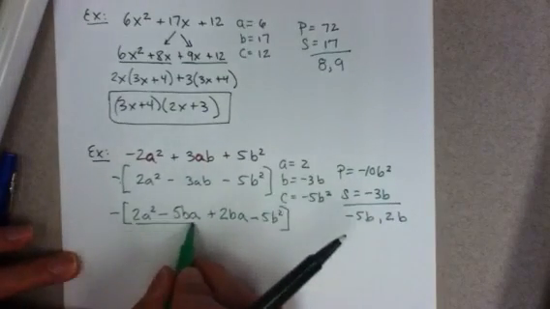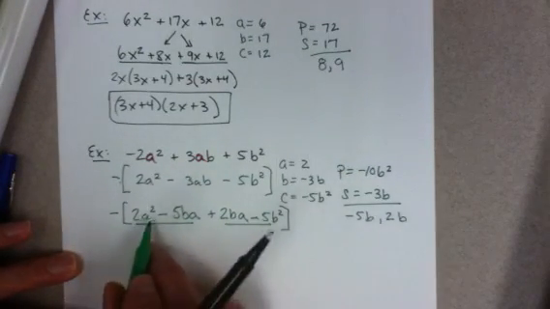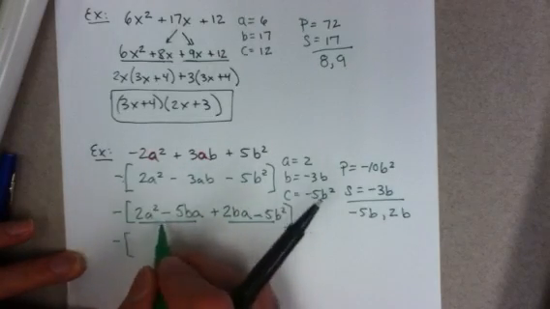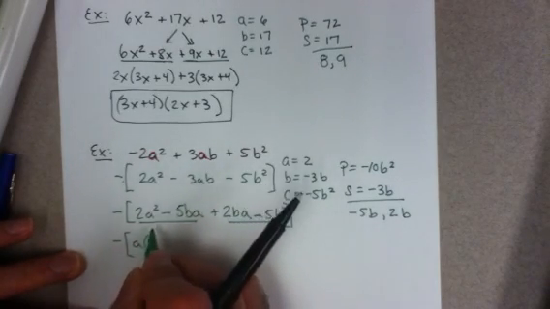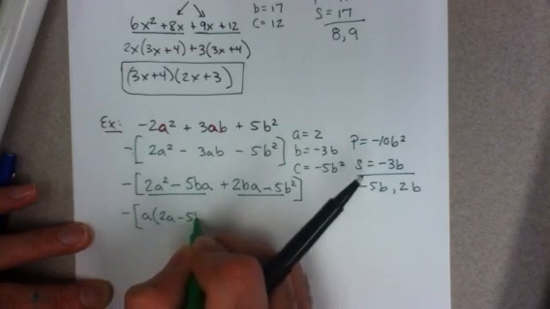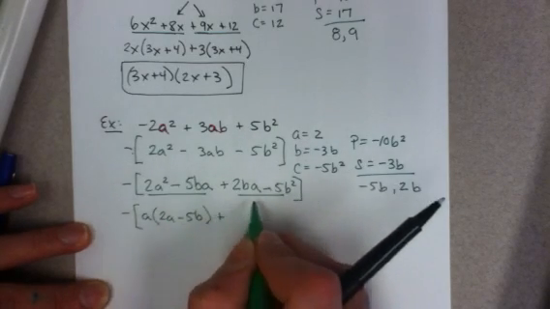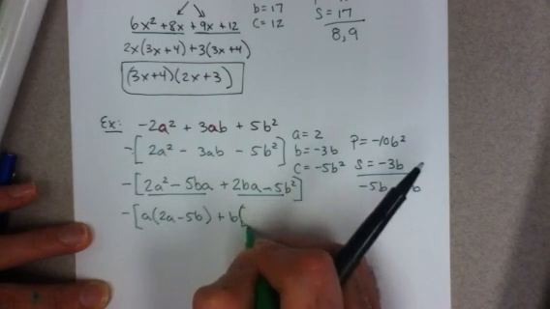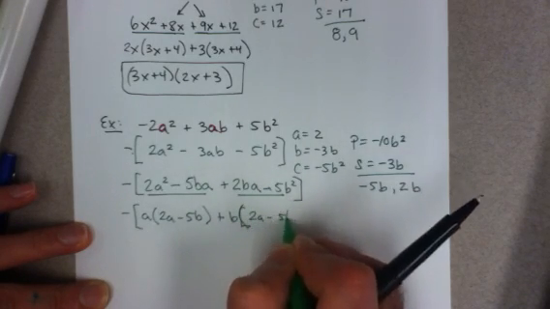Now we'll go ahead with the grouping method since we have 4 terms. And leaving the negative sign out front, we can factor an a out of this first group, which will leave us with 2a minus 5b. And we can factor a b out of the next group, which would leave us with 2a minus 5b.